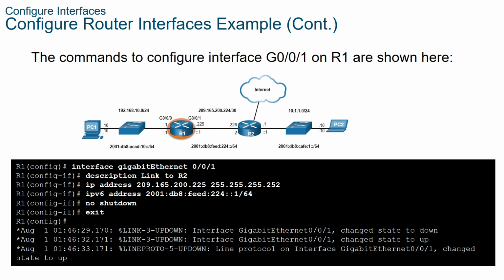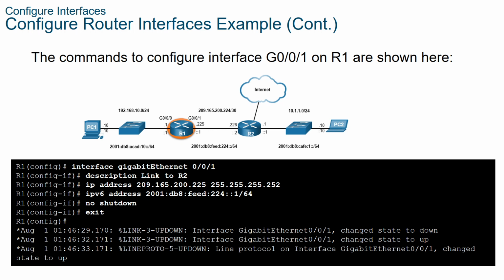The IP address for this interface is 209.165.200.225, followed by a subnet mask of 255.255.255.252. That conforms to a /30, so 30 bits within that subnet mask. IP version 6 address is 2001:db8:feed:224::1, and it's again a /64 prefix.